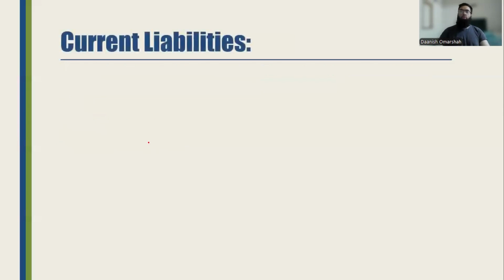Before I move on to current liabilities, I want you to recall the definition of a current asset. Current assets, if you remember, are expected to bring economic benefits into the business. They would generate economic inflows. So now these are debts, obviously, current liabilities are your debts. So these would create outflows.